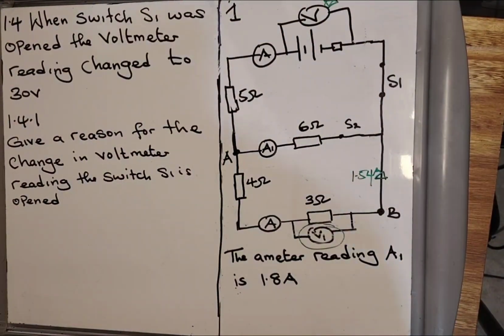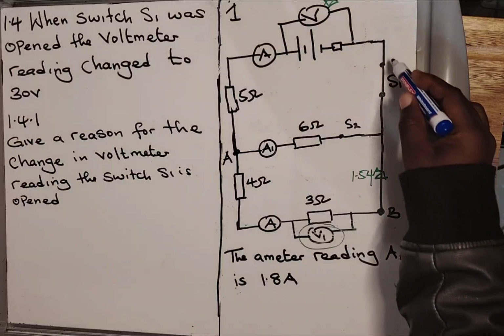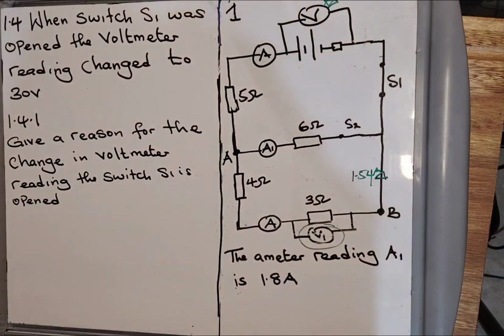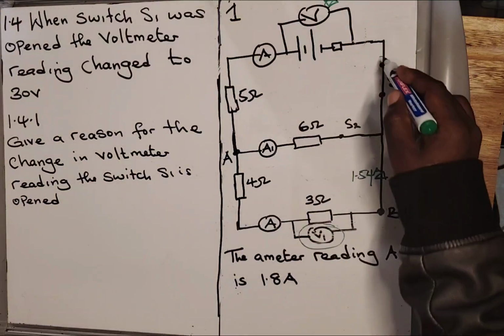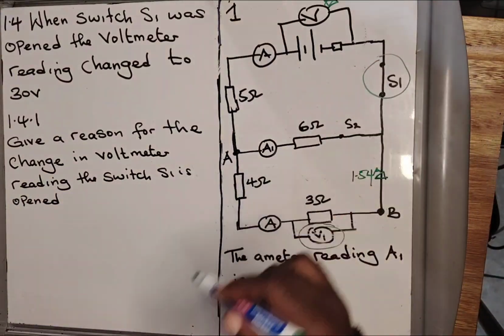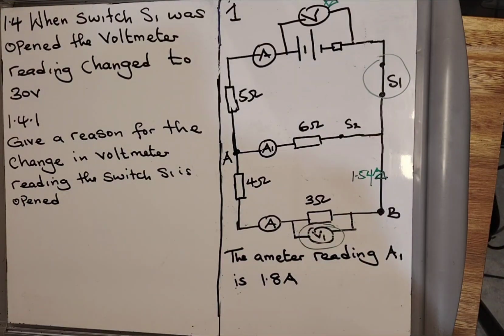Then comes this question. When the switch S1, this switch here, is open, the voltmeter reading changed to 30 volts.